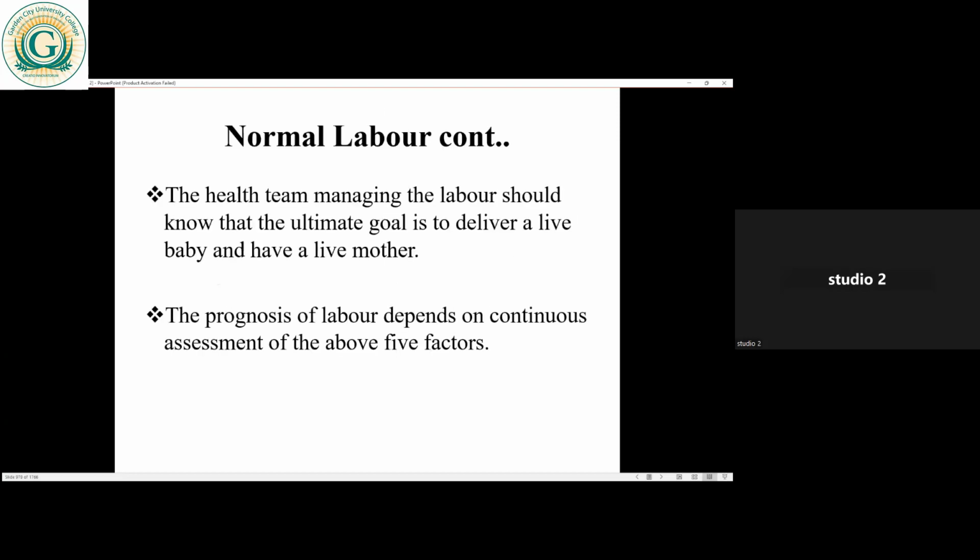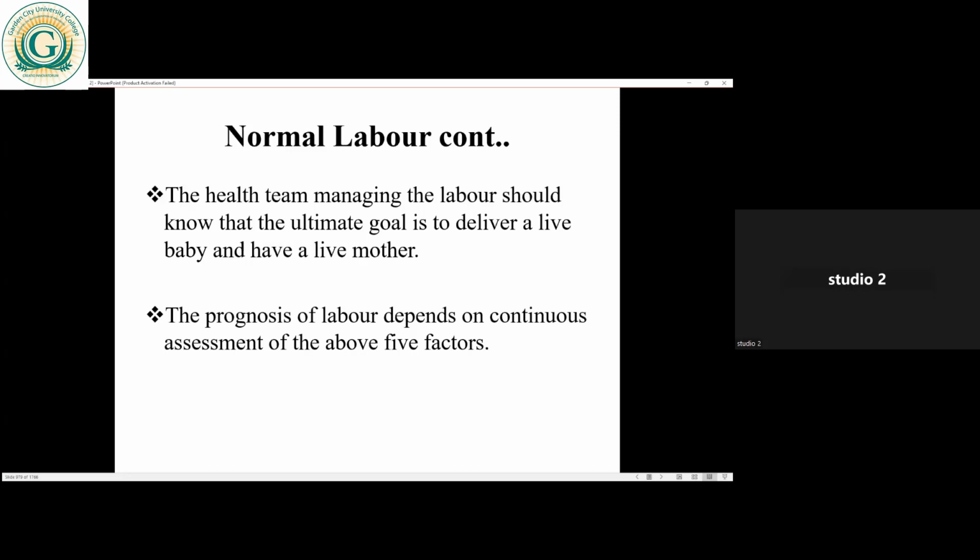The health team managing the labor, when a woman comes into the labor ward, should know that the ultimate goal when the woman steps into the labor ward is to deliver a live baby and give it to her, and make sure the woman too goes home healthy. That is the objective.